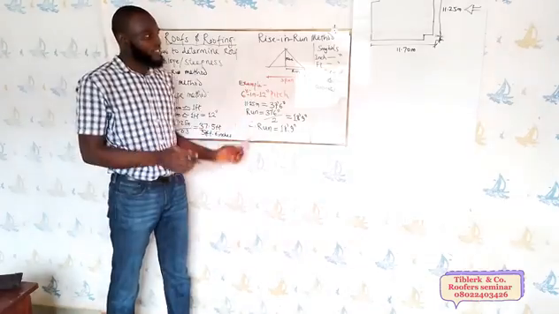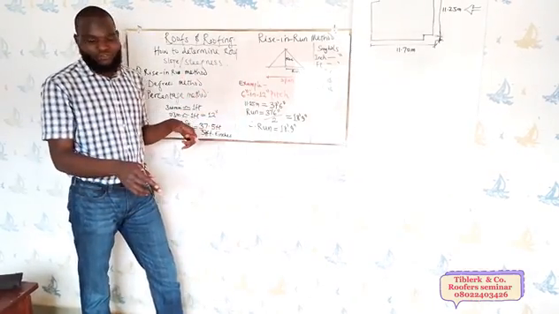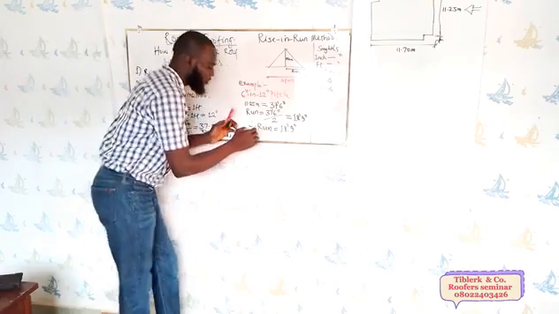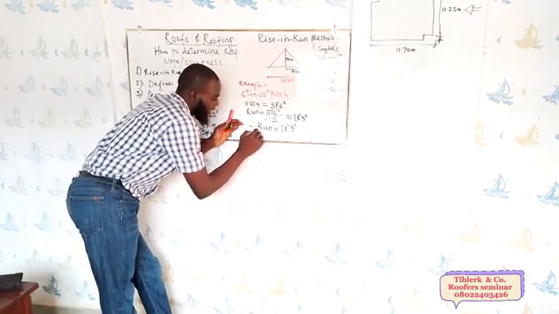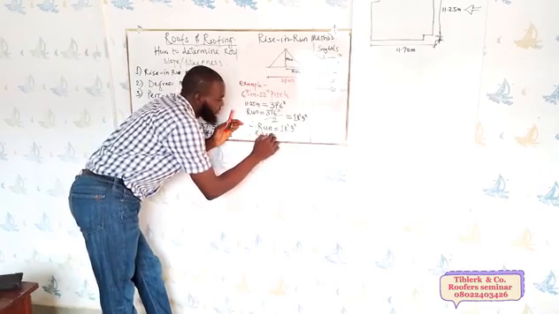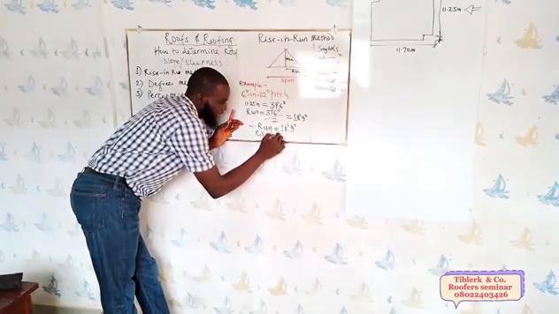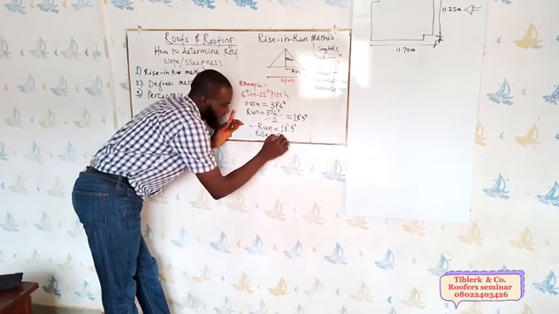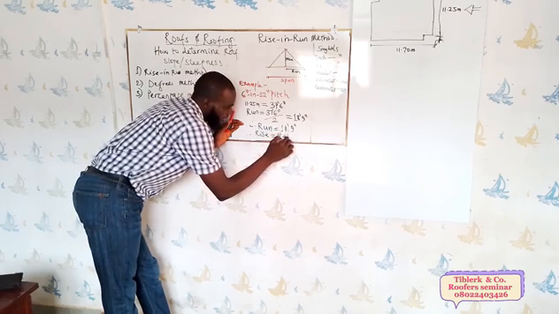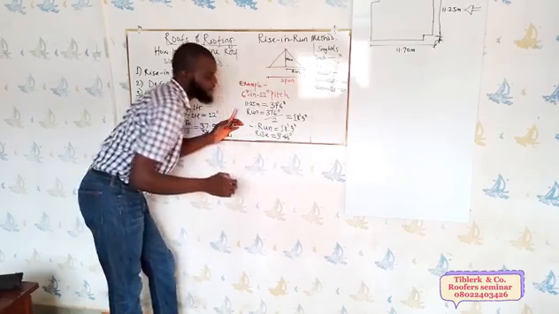If the specification says 6 inch pitch, therefore our rise will now be half of this, that's 9 feet 4.5 inches.